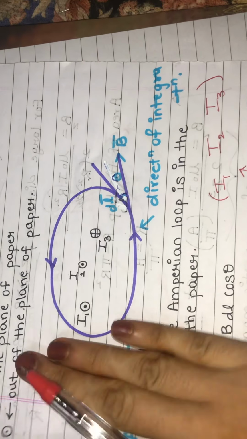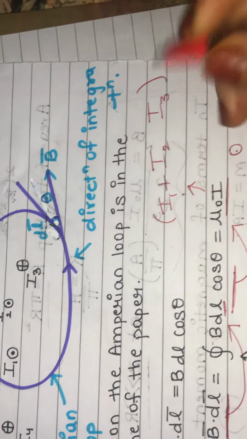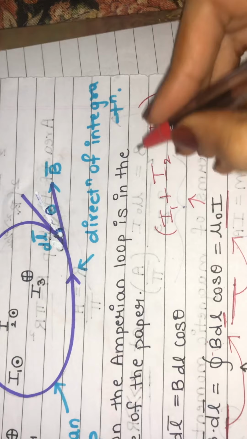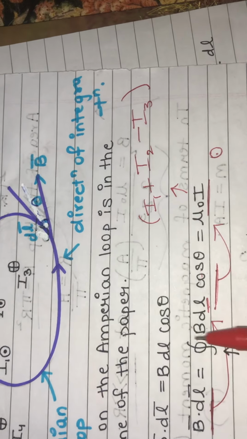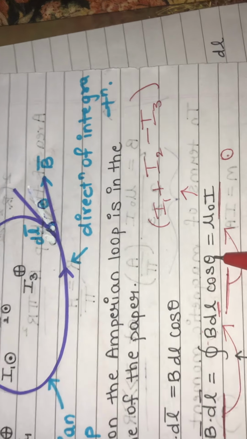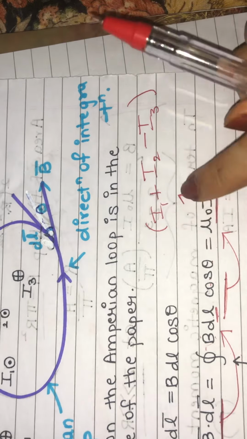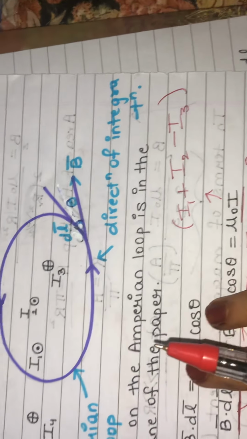I4 is outside the loop, so we'll not consider that. Now, I1 and I2 are positive, so I'll write a positive sign, but I3, just now we have calculated that it is negative. So I can write that this integral over closed loop b dl cos theta is equal to mu naught into bracket, at place of I, I'll write I1 plus I2 minus I3.